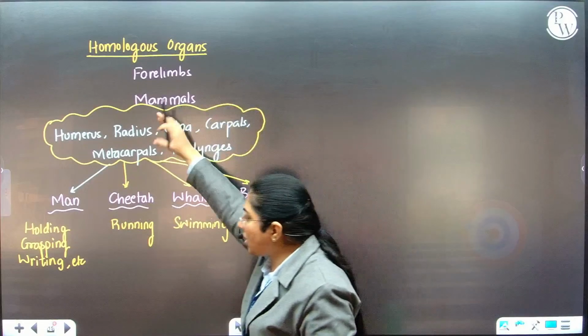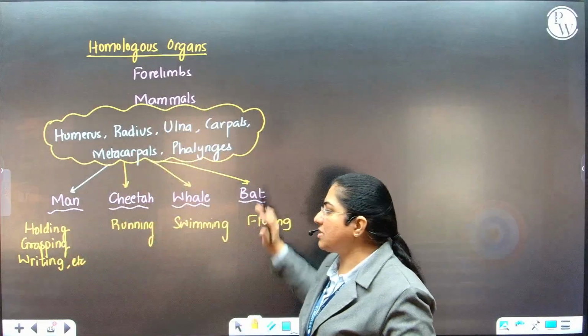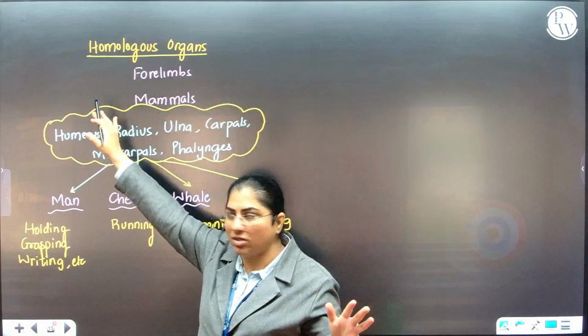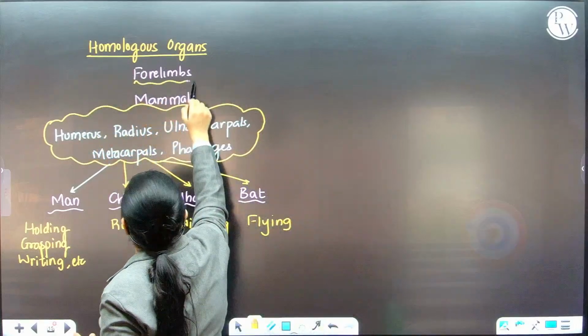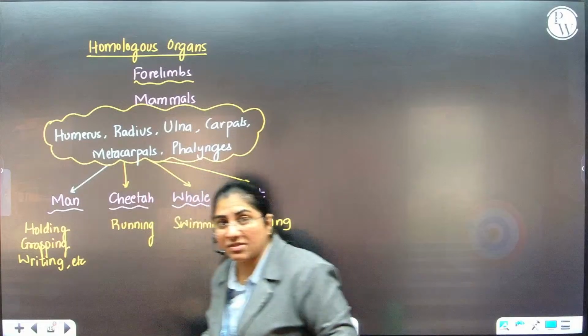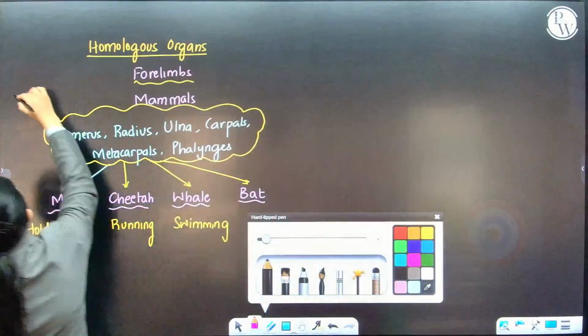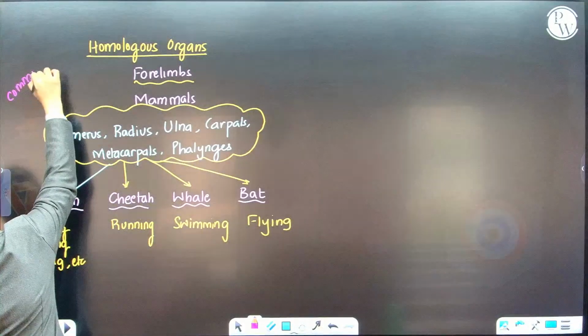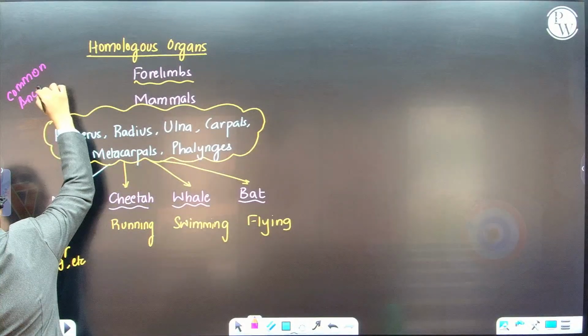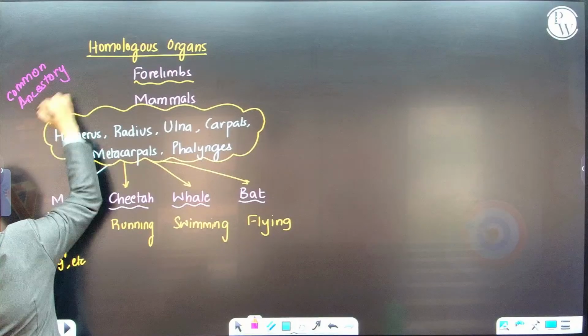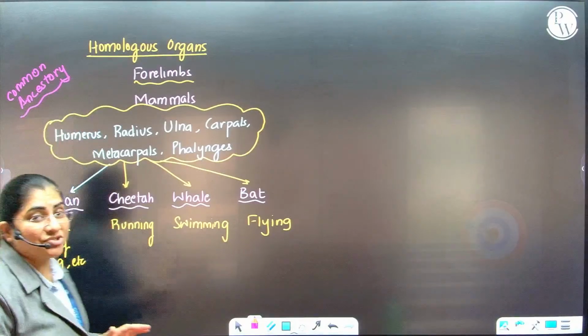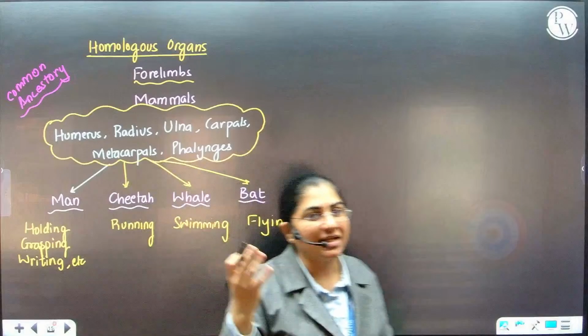So the same structure performing different functions, we call such organs homologous organs. So the forelimbs of mammals are homologous organs. What do they explain to us? They explain common ancestry, and thereby explain evolution.